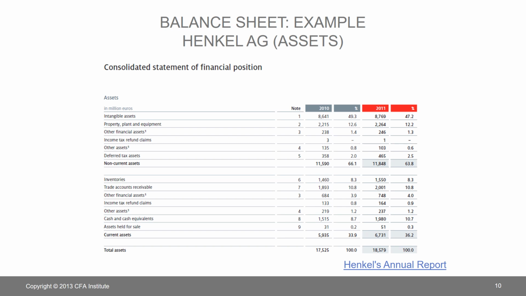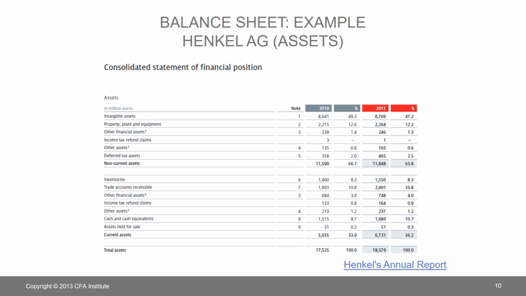Okay, so basically this slide shows the asset portion of the balance sheet for Henkel AG and Company, which is a German company that prepares its financial statements under IFRS. Henkel has laundry and home care, cosmetics, toiletries, and adhesive technologies businesses. The company has numerous well-known brands, including Persil, Purex, and Dial.